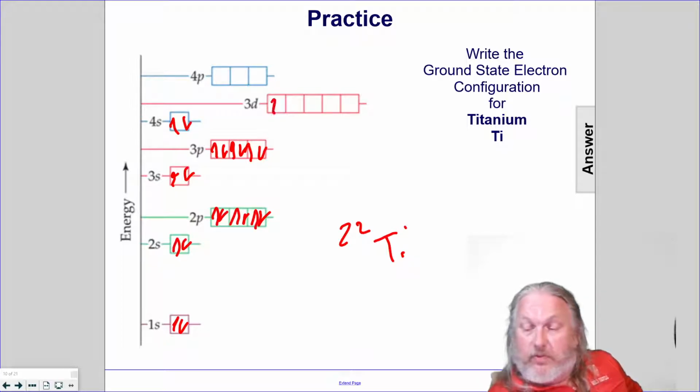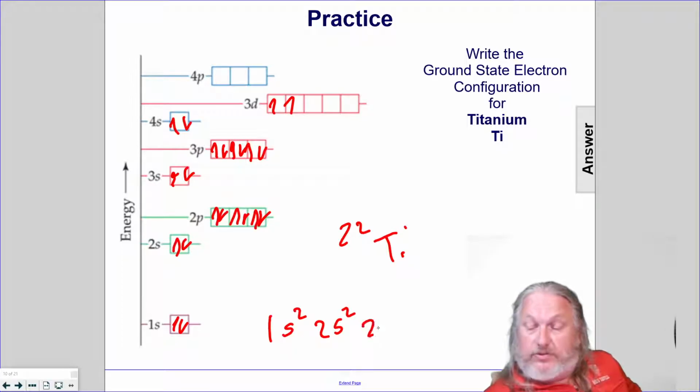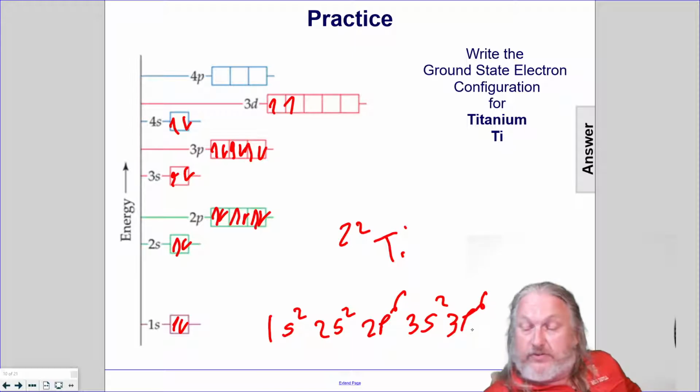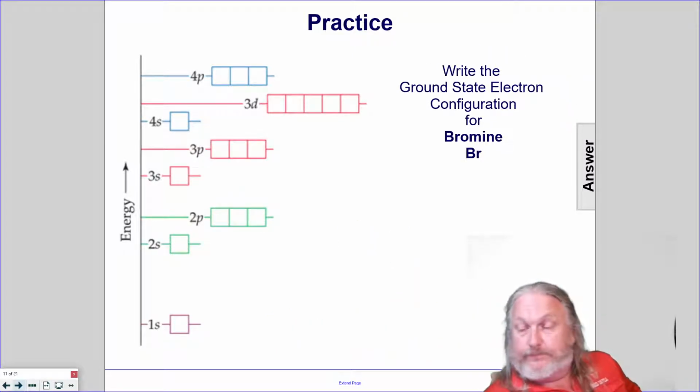So I've got 22 electrons. I've got 1s2, 2s2, 2p6, 3s2, 3p6, and then of course 4s2, and let's finish up with 3d2. Again, I've got to get that lower energy 4s2 before I go into the higher energy 3d.